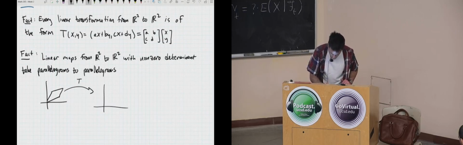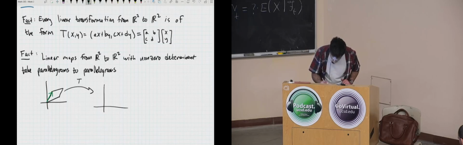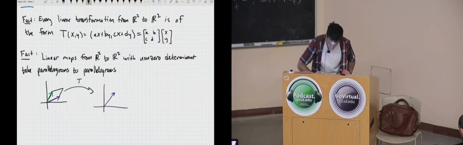Maybe here. Let's say if this was one side and this was the other, then maybe it would get mapped to something like this.